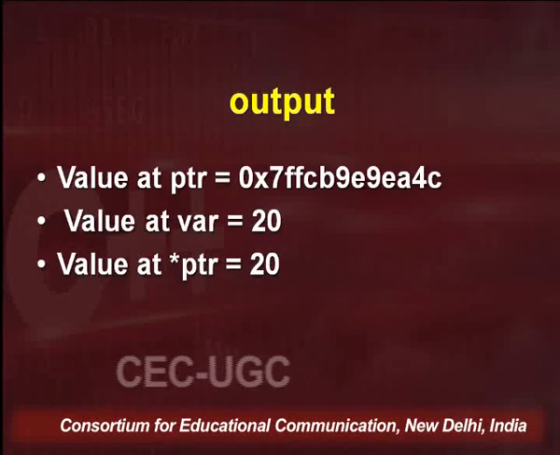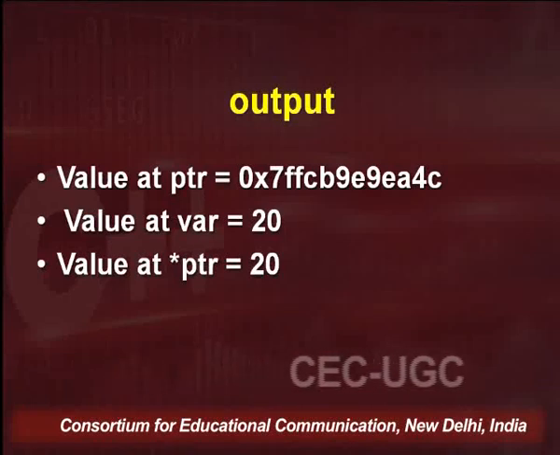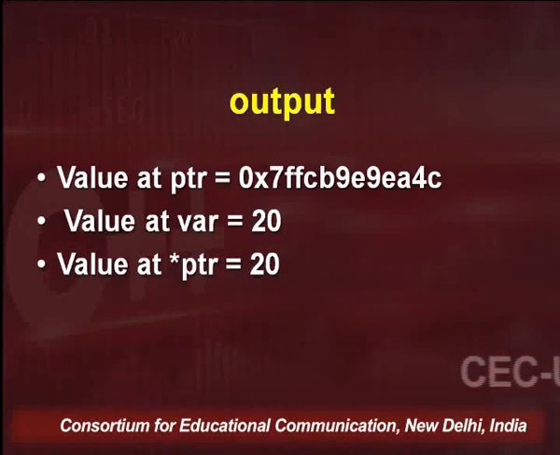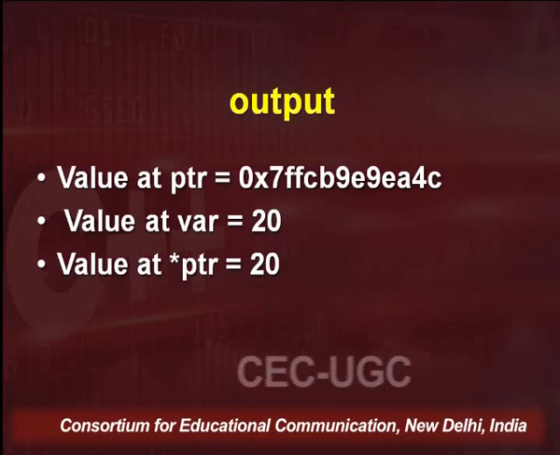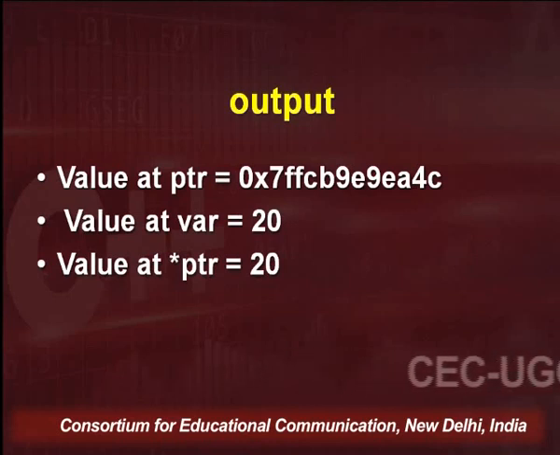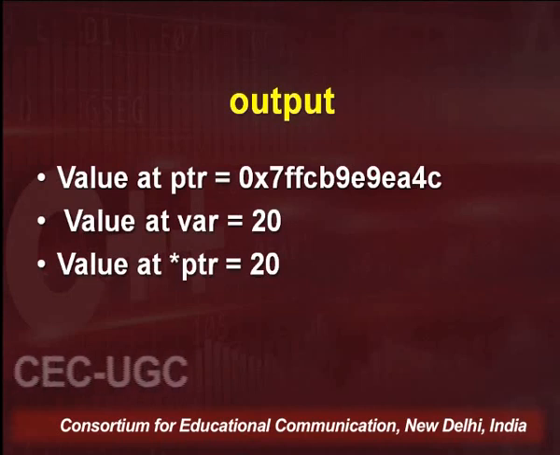So here you can see the output. Depending upon which memory location your compiler or system allocates to your variable, this address of var, which is the value of ptr, will change.